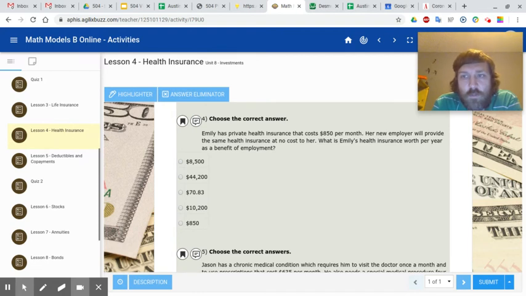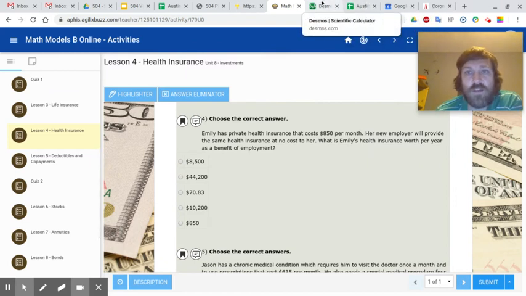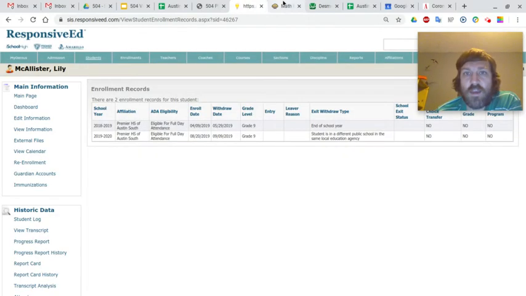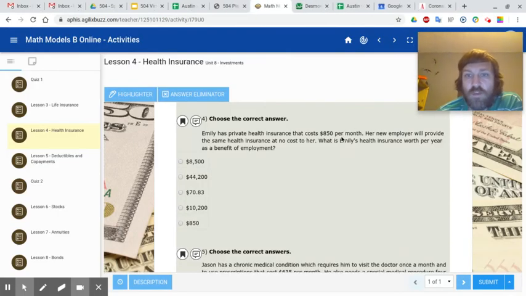Like in number four, it says Emily has private health insurance that costs $850 per month, and her new employer will provide the same health insurance at no cost. So really, the benefit to her is that $850 every month. She doesn't have to pay that anymore. So all we're going to do is 850 times 12, because it cost her that amount per month.